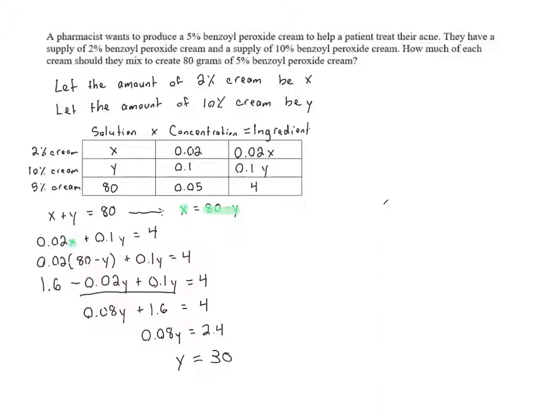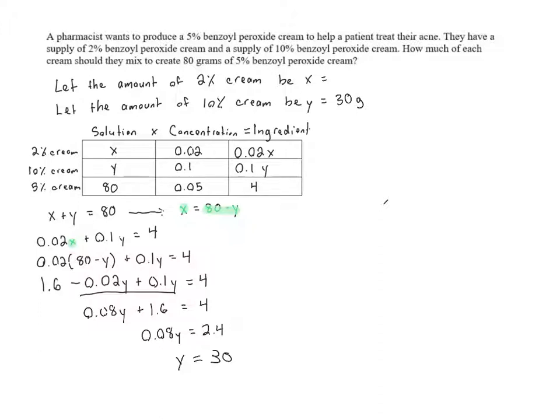So we go back up to our let statements, and we see that y represented the amount of the 10% cream. In this case, that's 30, and this is measured in grams, so 30 grams. We can find x by subtracting. We know that we need 80 grams in total.